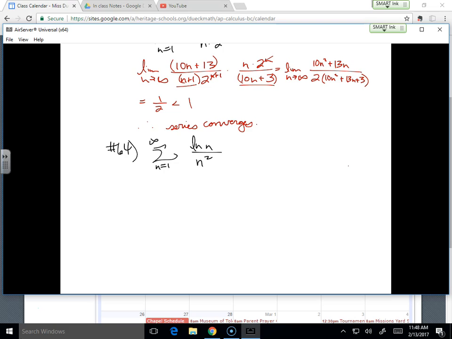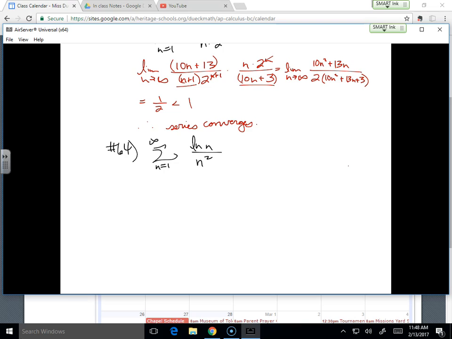Limit comparison? Yeah. Yeah, that's what I was thinking, limit comparison. But 1 over n squared is smaller, not bigger. Limit comparison could work though. Yeah, I was thinking direct comparison.